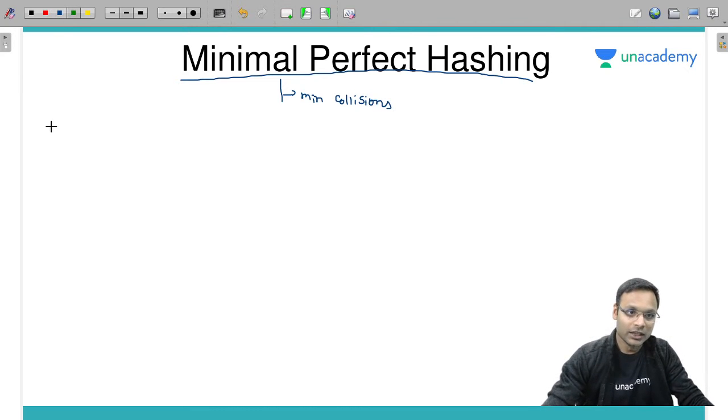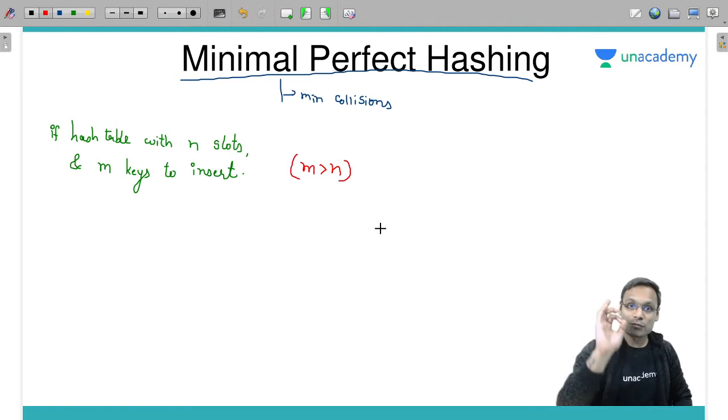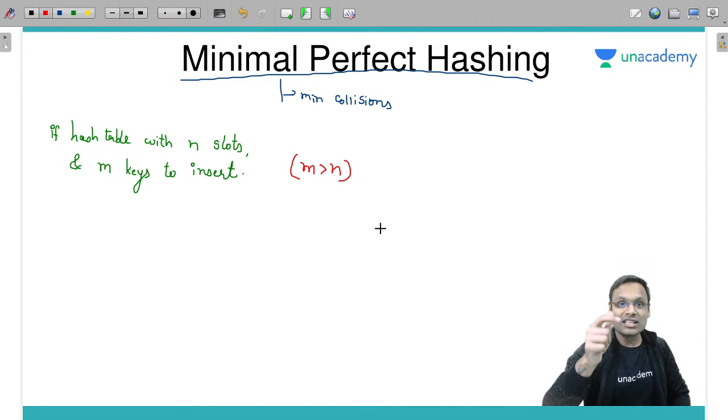Look at this. Suppose you have a hash table with n number of slots and you need to insert m number of keys in that table. If you have to insert m keys which are more than the number of slots, M is greater than N, means slots are fewer and keys are more.